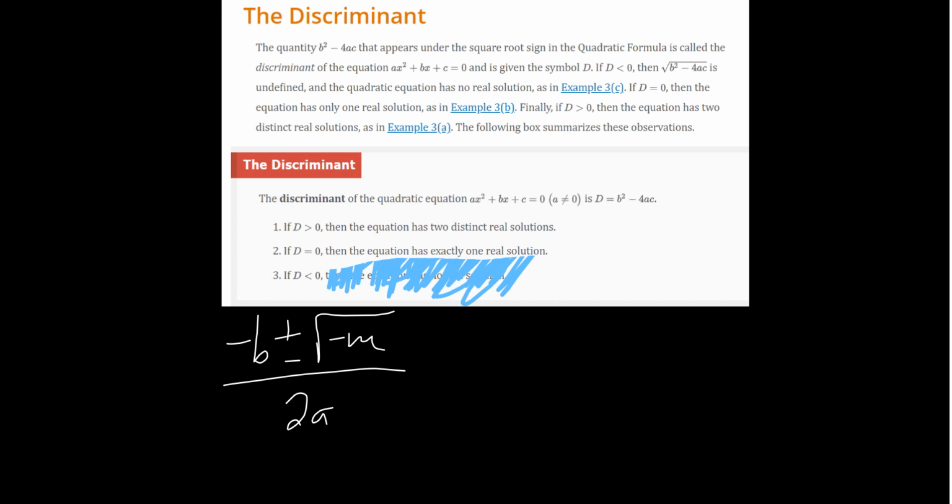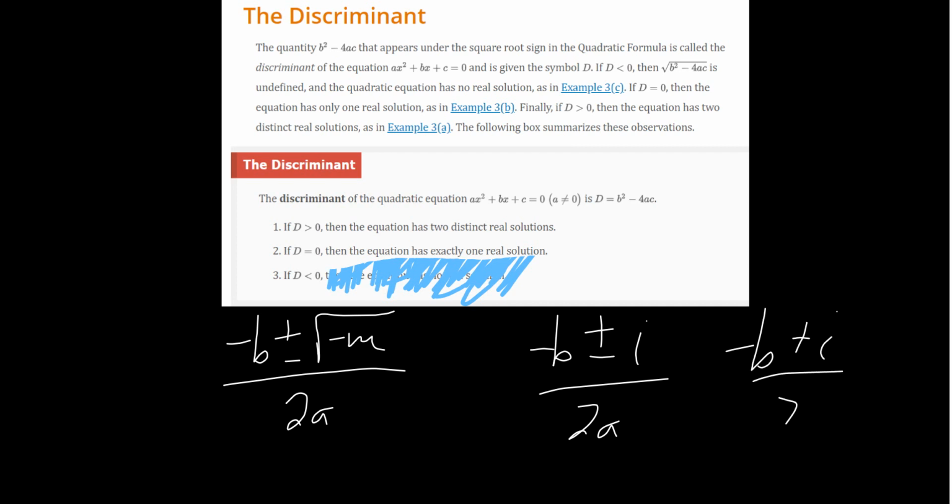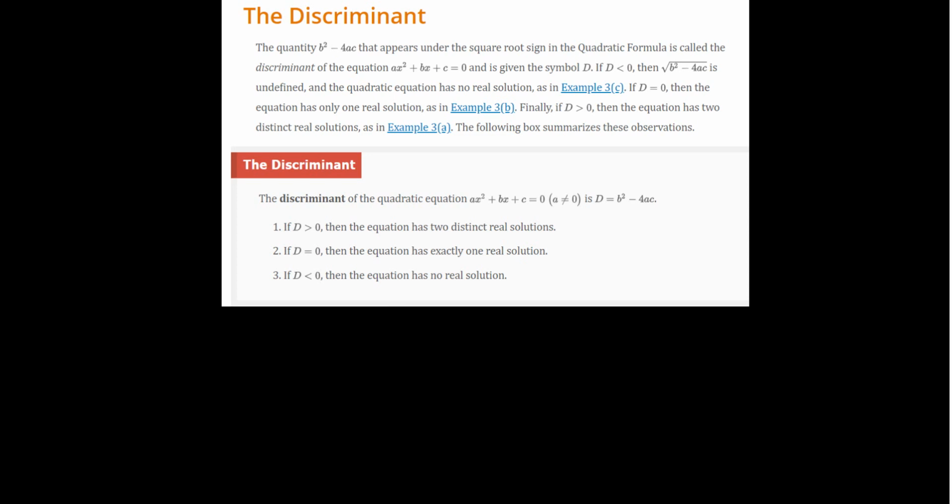So we would have negative b plus i over 2a, and negative b minus i over 2a. In other words, we would have no real solution, or two imaginary solutions. So that would be the discriminant.